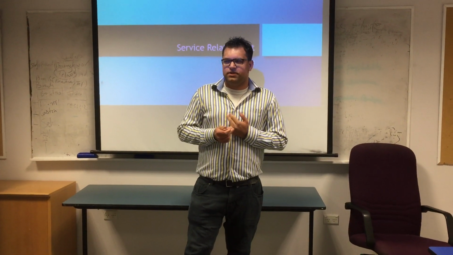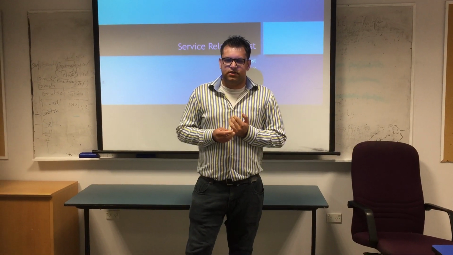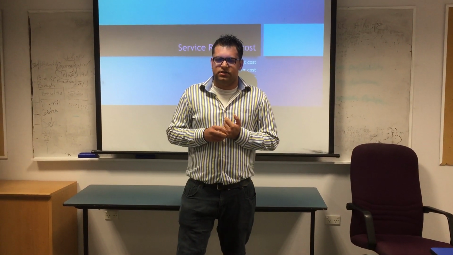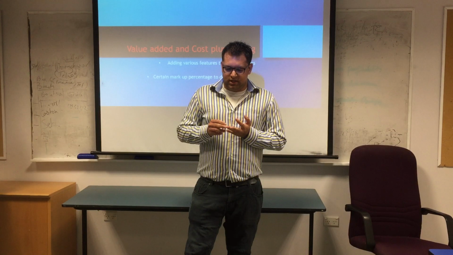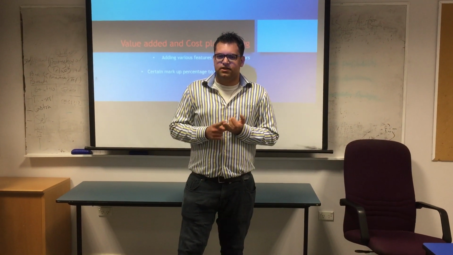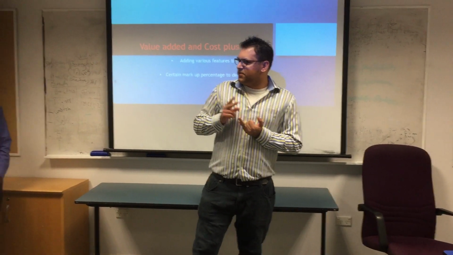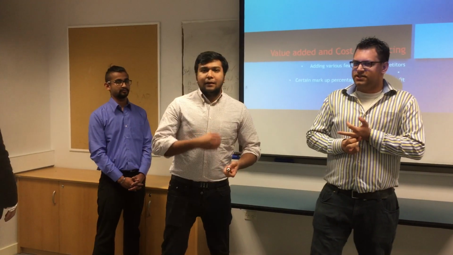First, the cost plus pricing method. It is the total cost incurred on the product, and it mainly consists of three items: direct material, direct labor, and factory overheads. Tahseen would probably like to give his insights on direct labor.